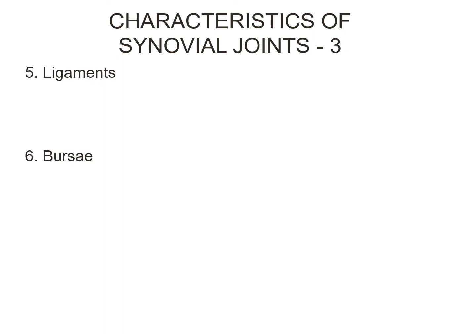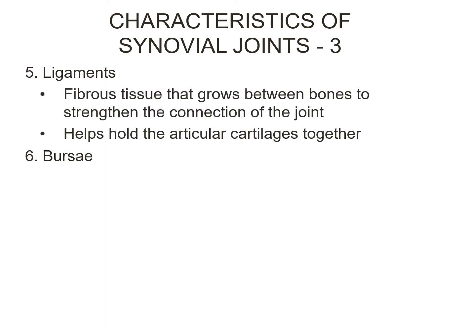And then the bursae, or bursa singular. So what a ligament is you already know. It's just a whole bunch of collagen fibers connecting a bone to another bone, so between bones. And it just helps hold everything together. Just stabilizes the joint, makes everything strong.